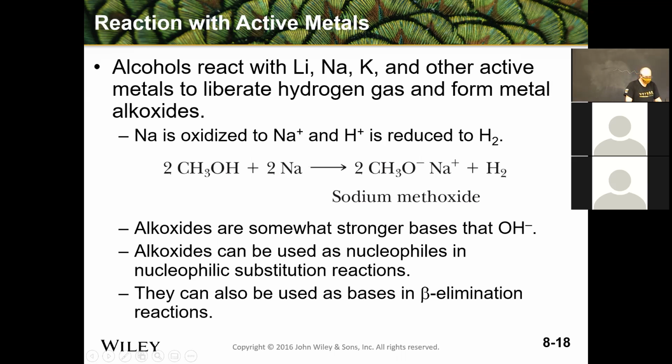We can't easily form the conjugate bases of alcohols with something like hydroxide because it's not a strong enough base. But one way that we can produce the conjugate base, this is actually not an acid-base reaction, but the result is the conjugate base of the alcohol, and that is to use an active metal, lithium, sodium, or potassium. This is the pure element, so there's no charge.